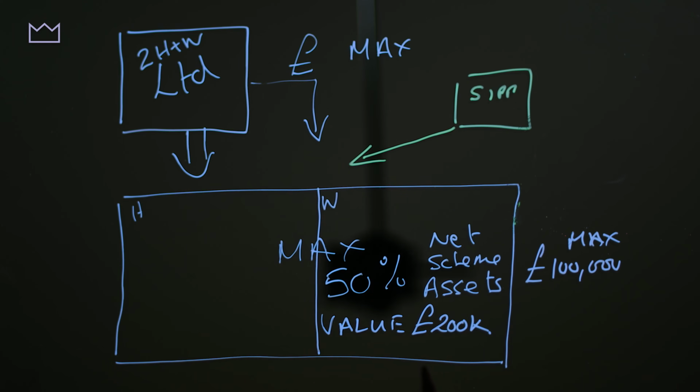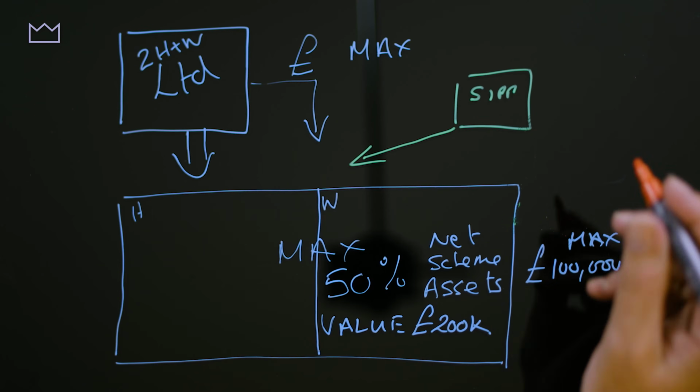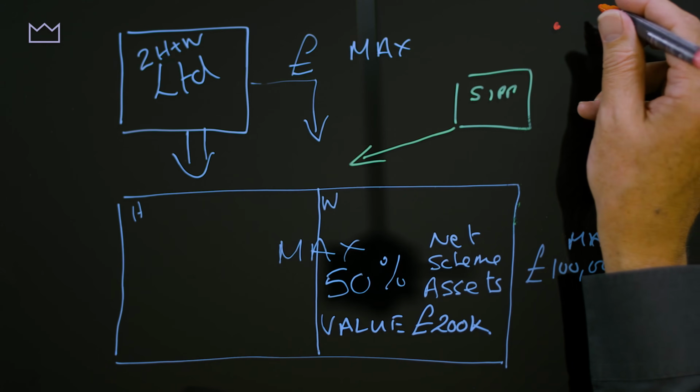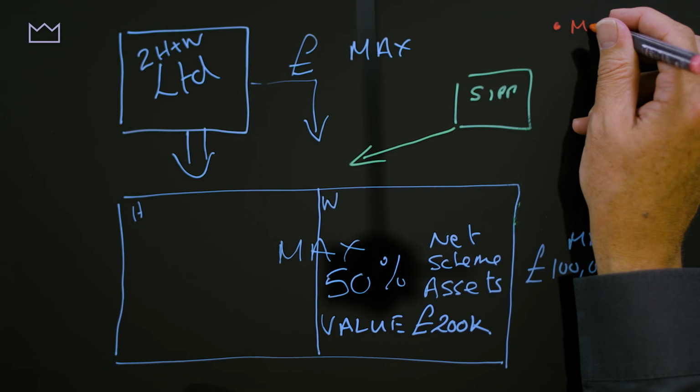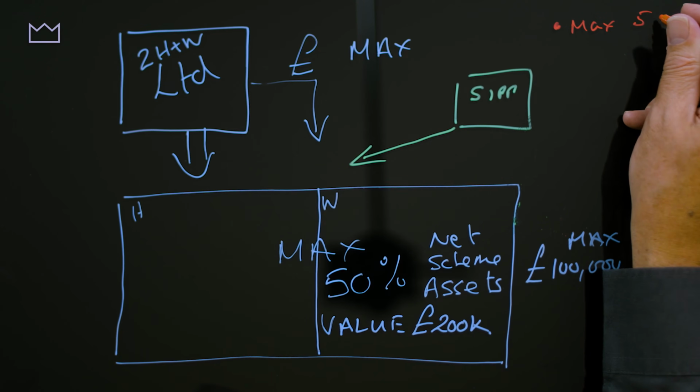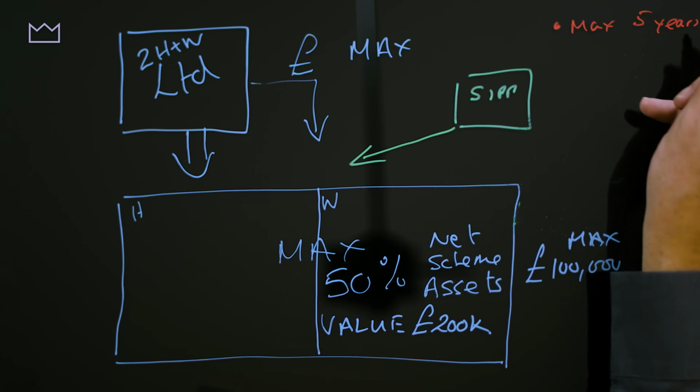When we're doing a loan back to the sponsoring employer, and it must be the sponsoring employer, the criteria set down by the Inland Revenue is quite strict. So to run through the criteria for a loan back to the sponsoring employer, the term must be a maximum of 5 years.